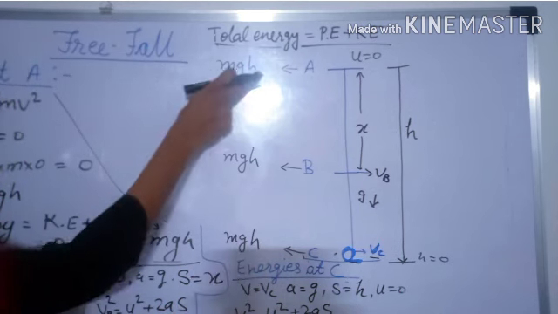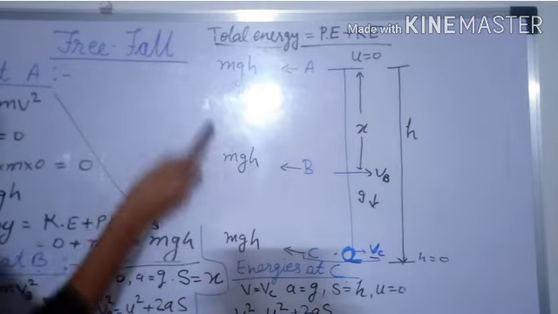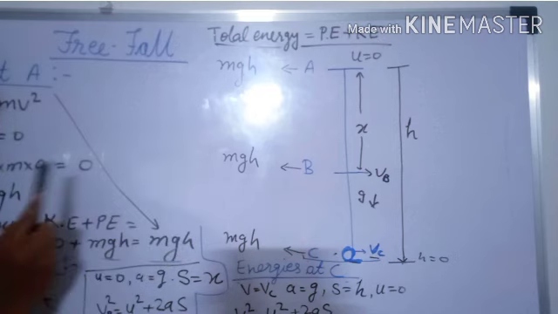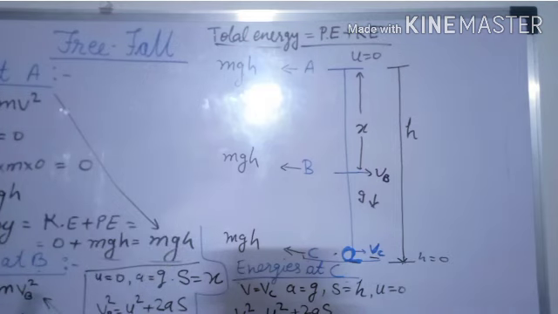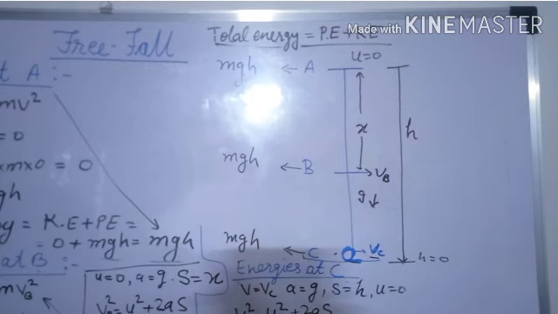So the energy at points A, B and C, when an object is falling freely, is equal, and we also get the conclusion that energy can convert from one form to another, but the total energy remains the same, or energy is conserved. That is the law of conservation of energy.